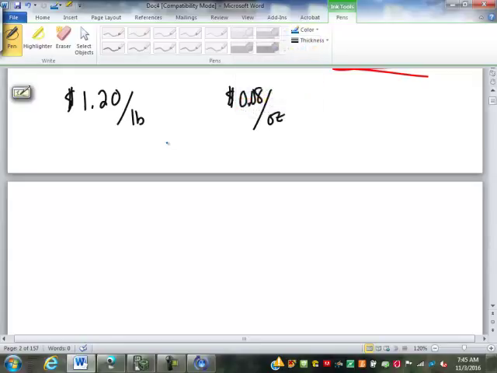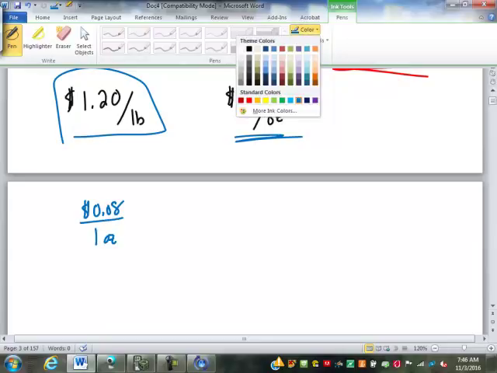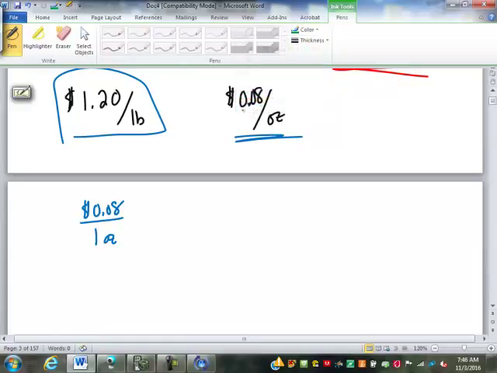Well, I'm going to leave this one as dollars per pound, and I'm going to convert this one into dollars per pound. The 0.08 does not need to change. That's already in dollars. I need to get rid of the ounces, changing them to pounds. 1 pound is 16 ounces.